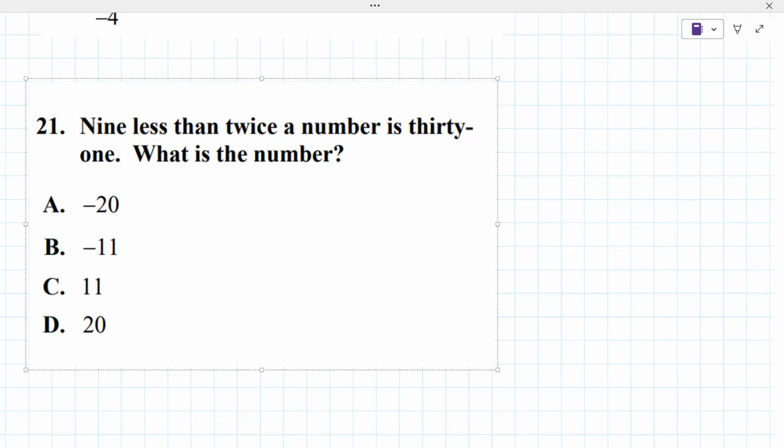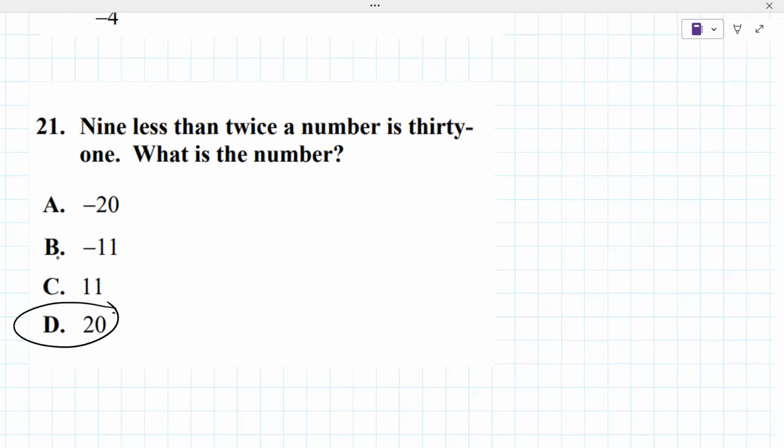D. Did you say B like boy or D like dog? D like dog. Okay. So 9 less than twice a number, so twice a number less 9 is 31. D is correct. All right.